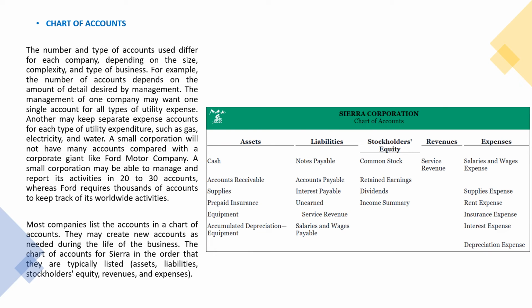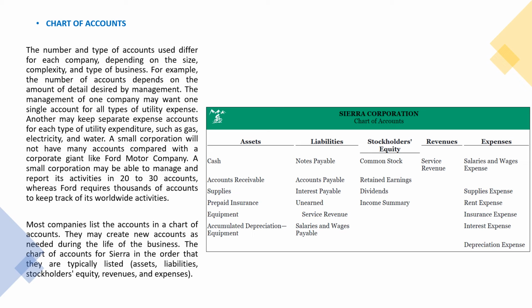Okay, so the chart of accounts. The number and type of accounts used is different for each company, depending on the size, complexity, and type of business. For example, the number of accounts depends on the amount of detail desired by management.